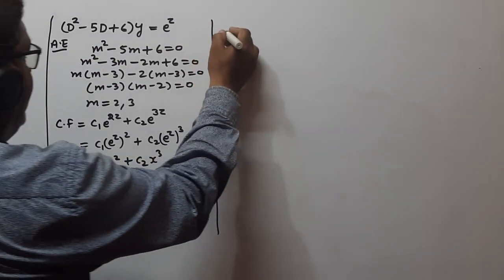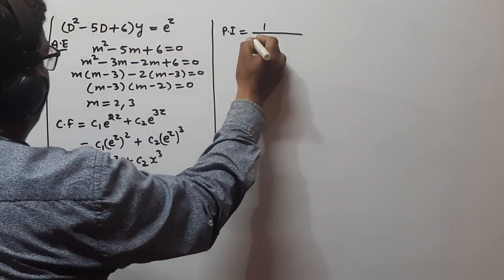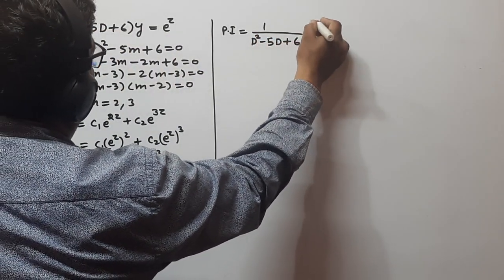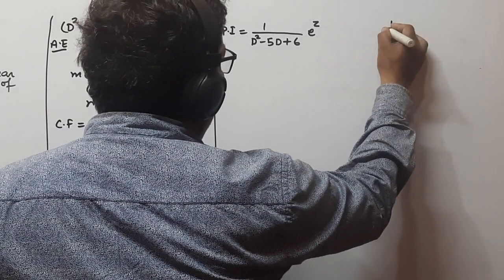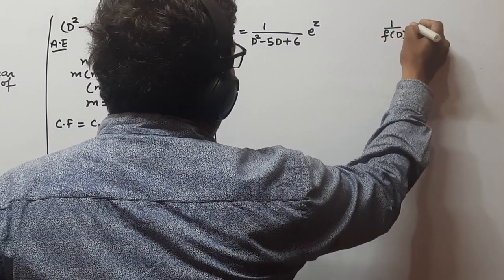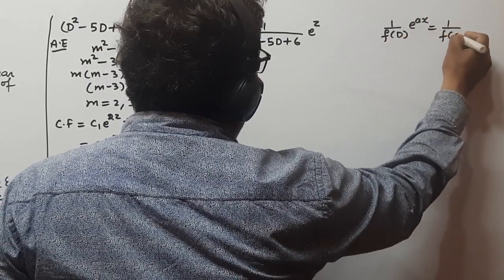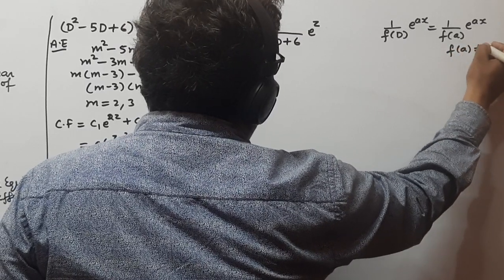Now we find the particular integral of the right hand side. So we write 1 upon (D square minus 5D plus 6) times e to the power z. You know that when we find the particular integral of e to the power ax, we always replace D with a, provided f(a) is not equal to 0.